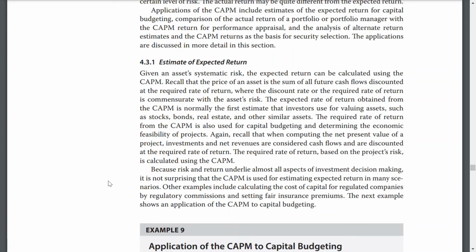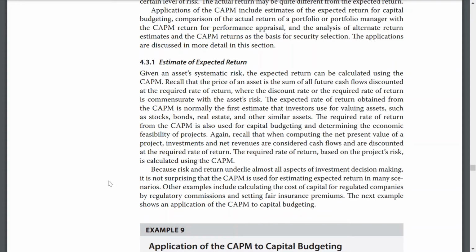The required rate of return from CAPM is also used for capital budgeting and determining the economic feasibility of projects. Again, recall that when computing the net present value of a project, investment and net revenues are considered cash flows and are discounted at the required rate of return. The required rate of return based on the portfolio's risk is calculated using CAPM.